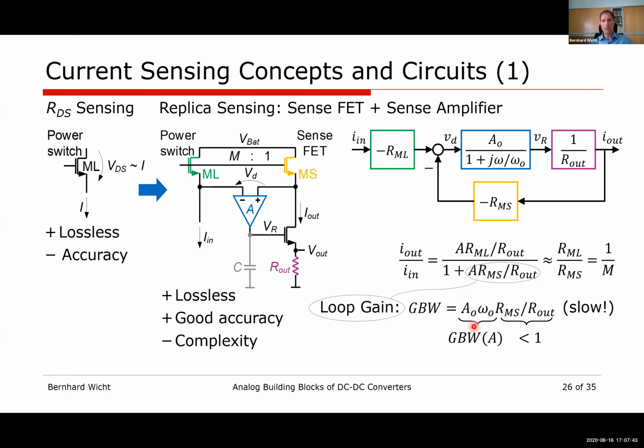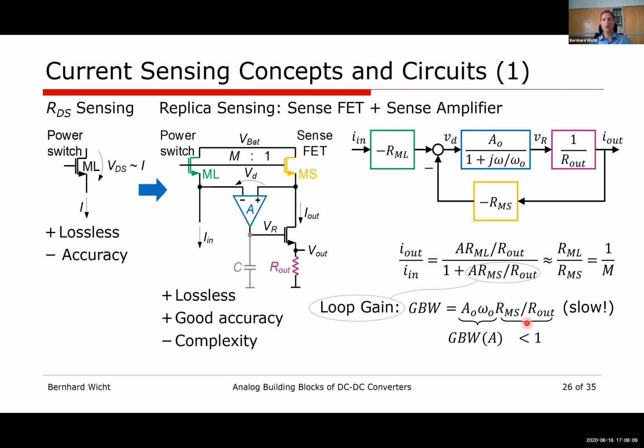So the DC gain of that amp plus the cutoff frequency of the amp gives us the gain bandwidth of the amplifier. And that's multiplied by the ratio of the resistors. Unfortunately, that's smaller than 1, because MS, the sense resistor or sense transistor, is in a range of 1 kilo ohms, while the output resistor is rather in the 100 kilo ohms range.